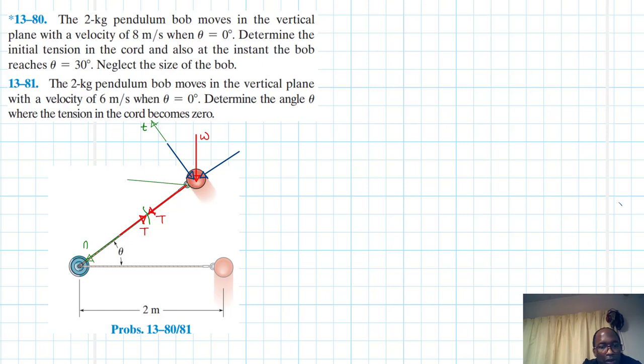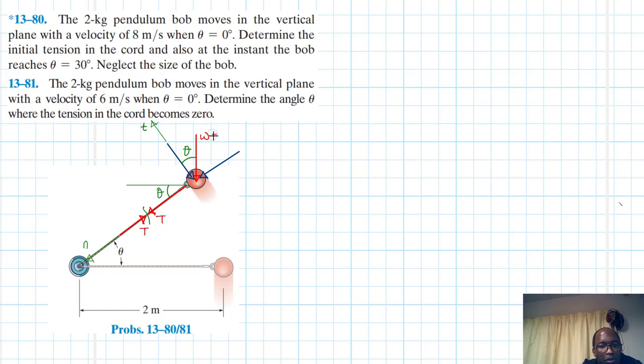So if this angle here is theta, this becomes 90 minus theta, therefore this is theta, right? So this one here is theta. Great.